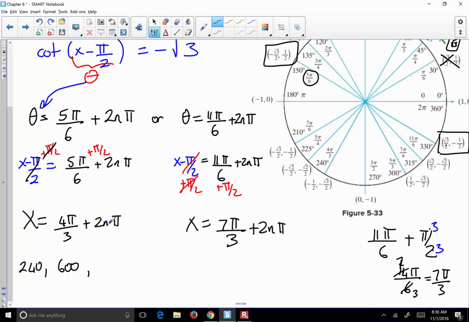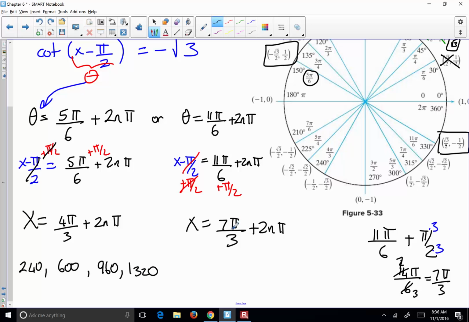And then I add another 360, that's 960. Add another 360, that makes 1320. This is sufficient. I got 4.